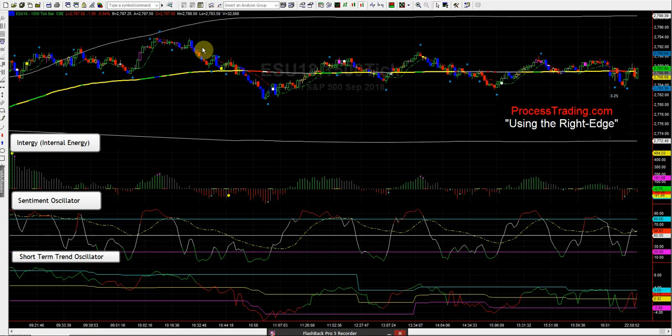The pro bars themselves do not make price move in that direction, but they know what price is going to do, and that's how they make money, and that is how we make money as well, by following them.